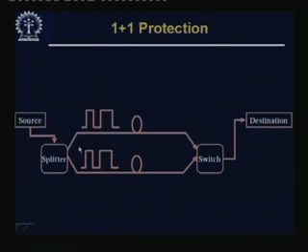So, this is some kind of hot redundancy which we have. That means both the things are on. There is a redundant source of information at the destination side. So, if the primary one fails, the secondary one is already on. So, this is all very good, and protection would be very fast.